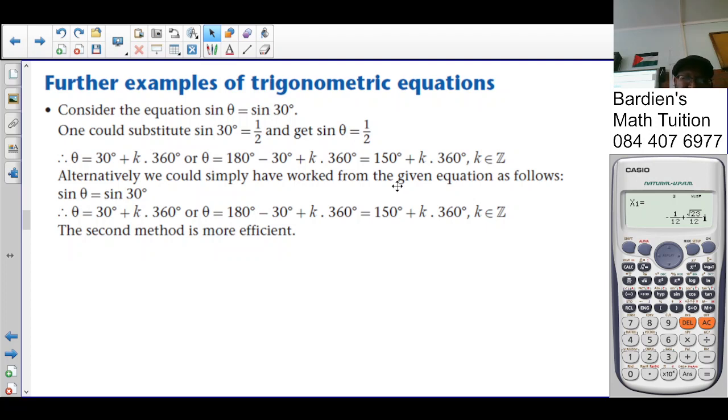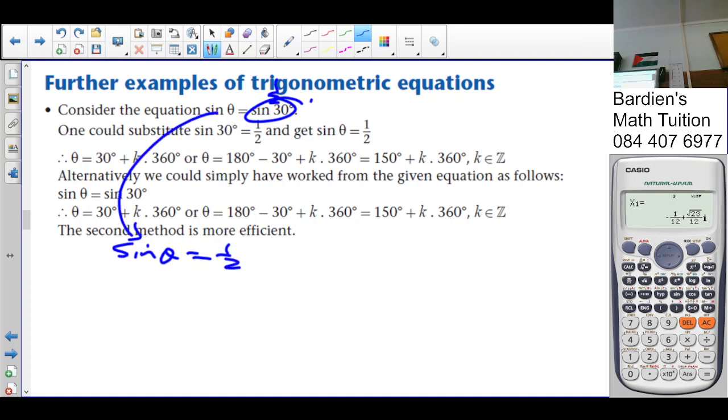Okay, then what you notice is that my reference angle is 30 degrees, not so?